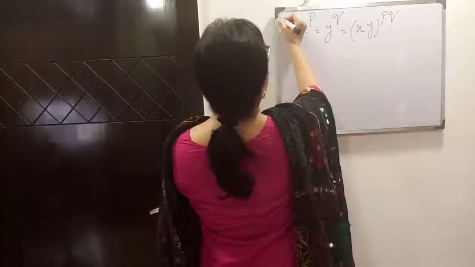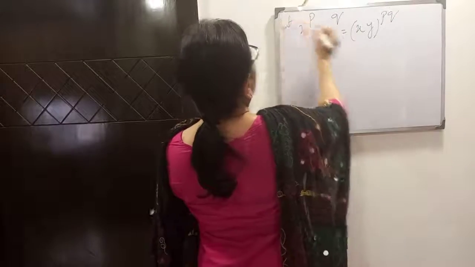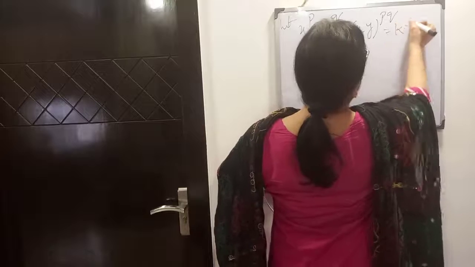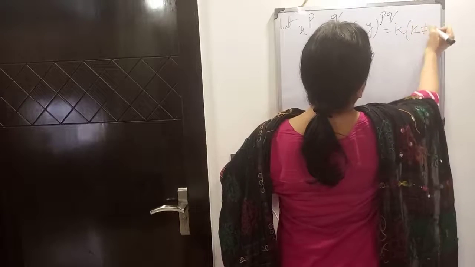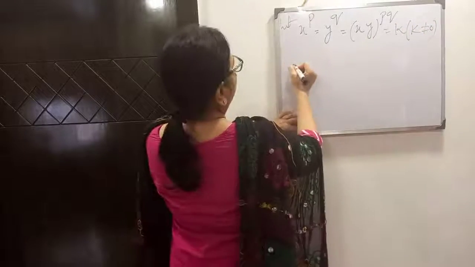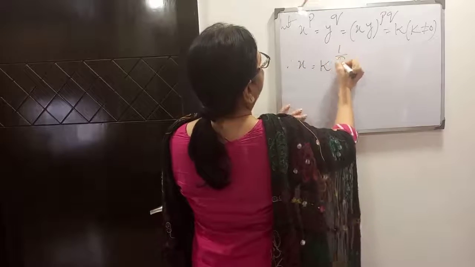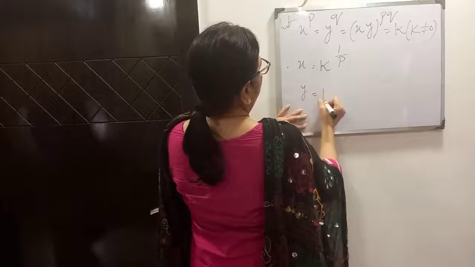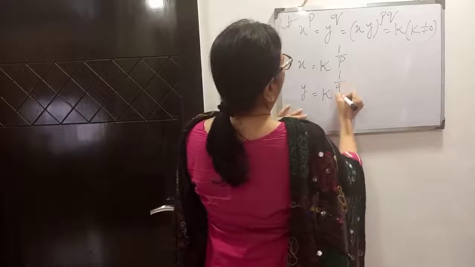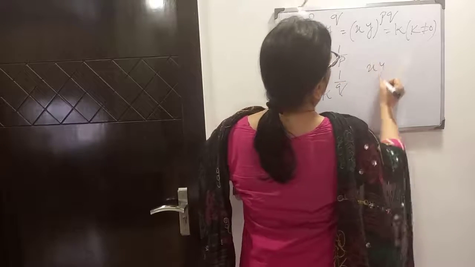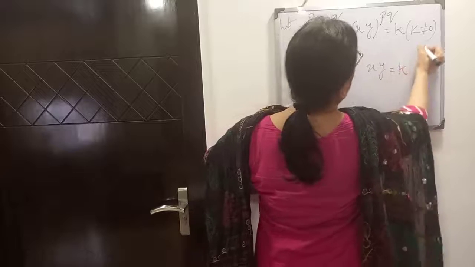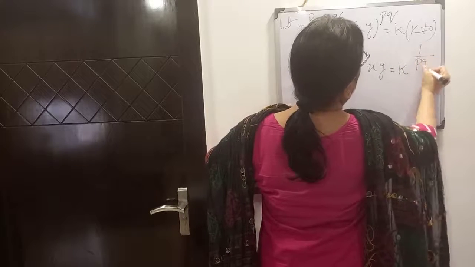Okay. Now again we will consider, let this equal k, not equal to 0. So from here we can write x equals k to the power 1 by p, y equals k to the power 1 by q, and xy equals k to the power 1 by pq.